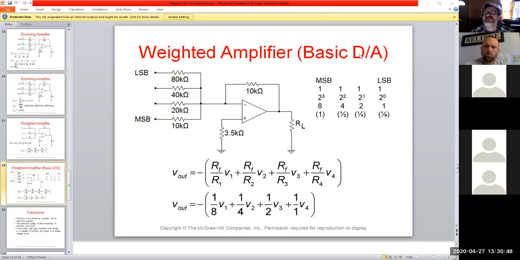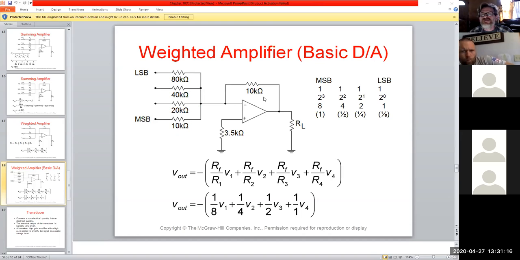Whenever you see a digital to analog converter, this is what you're doing. If we had 8 bits, we would have 8 different inputs here, starting with the most significant bit being the most weighted one, down to the least significant. And that would be your logic input going in and converting into an analog output.